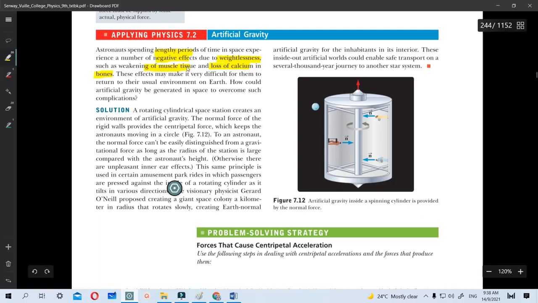So what they did is they created an artificial gravity, so that the astronaut can keep experiencing the gravitational force. So how does it look? It's very similar to our washing machine, a big cylinder that keeps spinning.